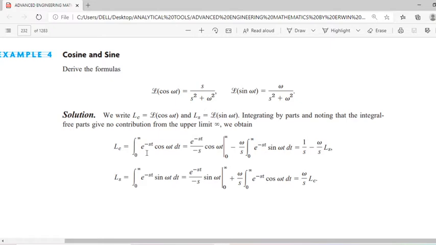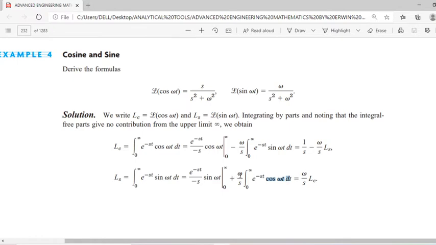Similarly, we can directly compute the LS. So what is LS? Integral 0 to infinity e raised to minus st sin omega t dt. First function sin omega t is taken, and therefore sin omega t into e raised to minus st by minus s from 0 to infinity, minus integral 0 to infinity derivative of sin omega t, which is cos omega t into omega.